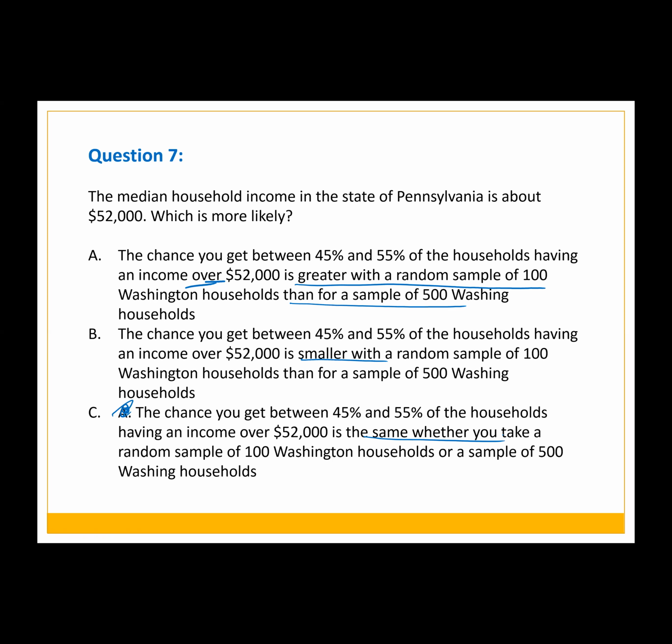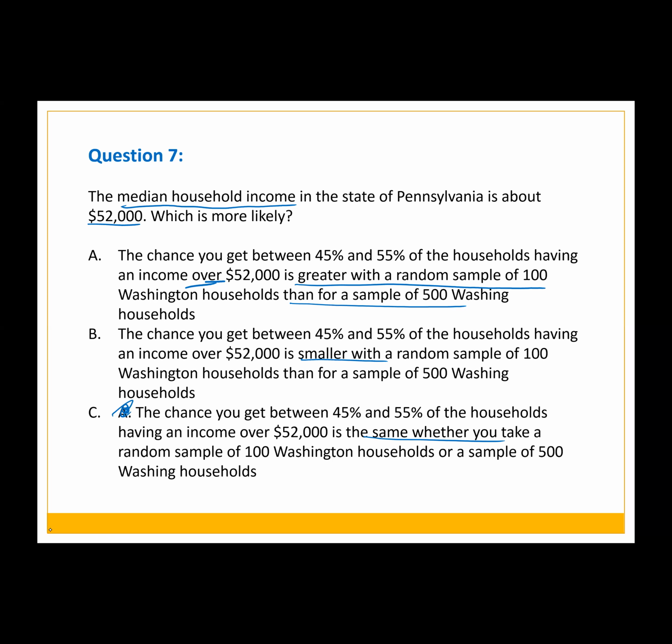So let's think about it using the law of large numbers. When you have the median income, it's the 50th percentile. If you have a bigger trial, like a bigger sample, it's more likely that you're going to obtain that proportion.